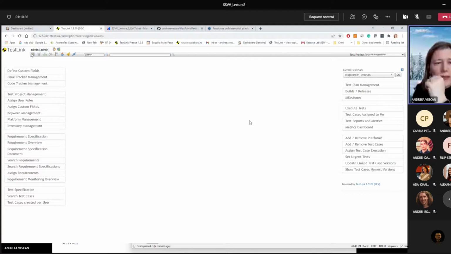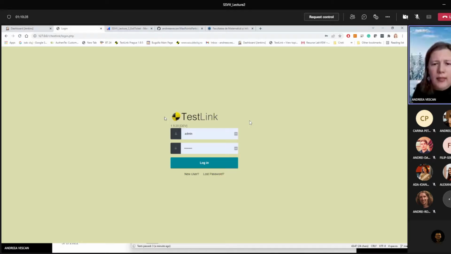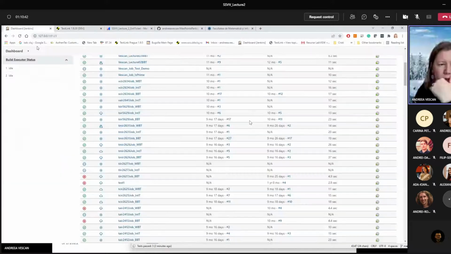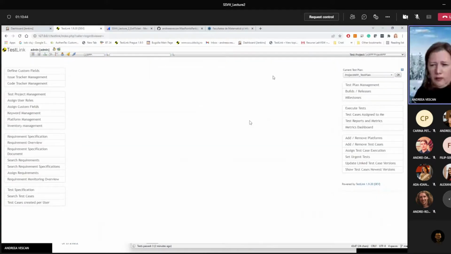So TestLink is a test management tool that you can use to plan your test cases and have all the test cases assigned here, or test suites and so on. And then you can also match them with Jenkins to see the jobs.